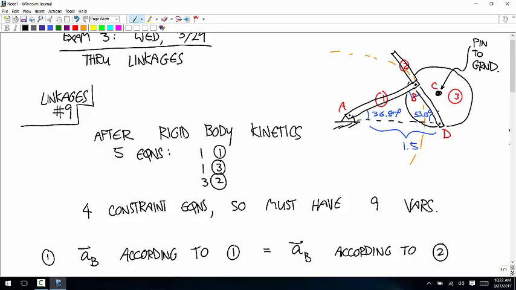We're just trying to get the vector that goes to D from B. Negative 0.5. Let's see. The x component needs to be positive.